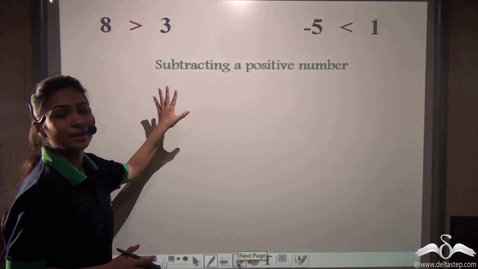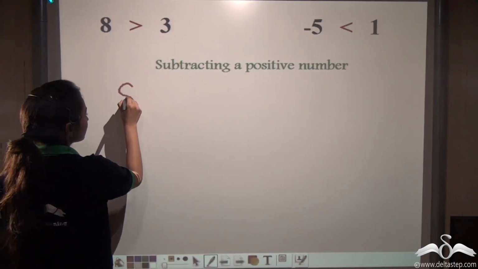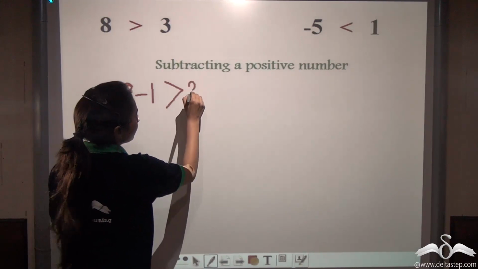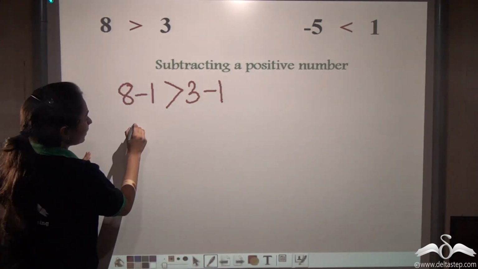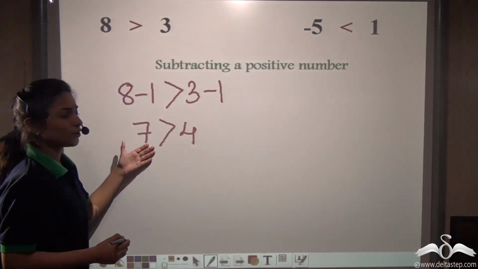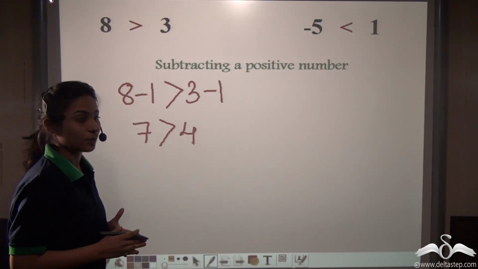What about subtracting a positive number? Let's do it. 8 minus 1 should be greater than 3 minus 1. Again, solving it we get 7 is greater than 2. So again you can see subtracting a positive number does not disturb the inequation.